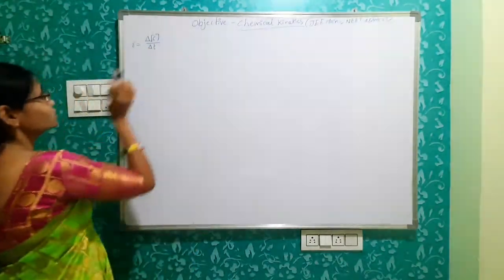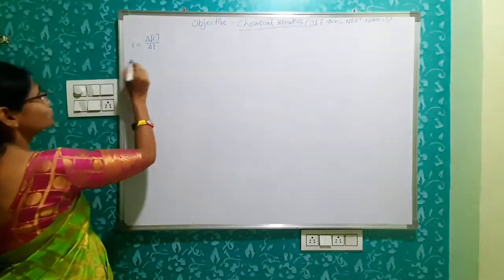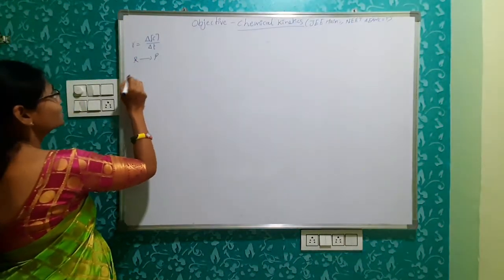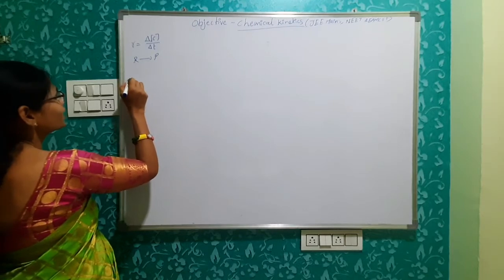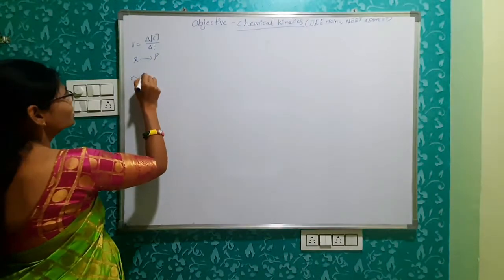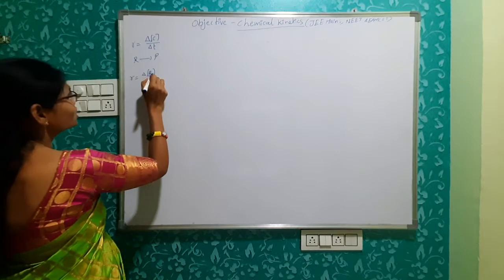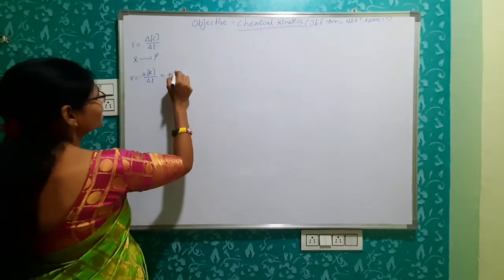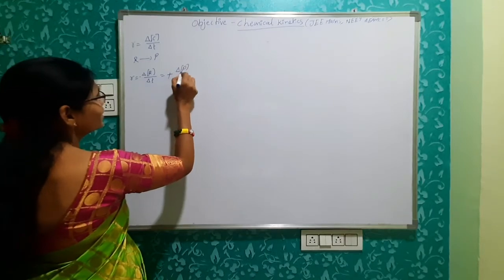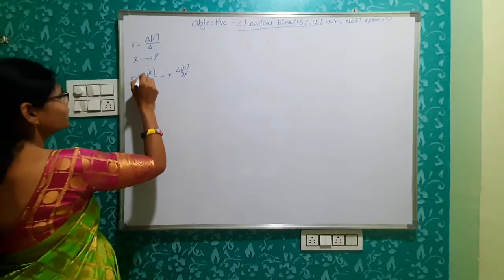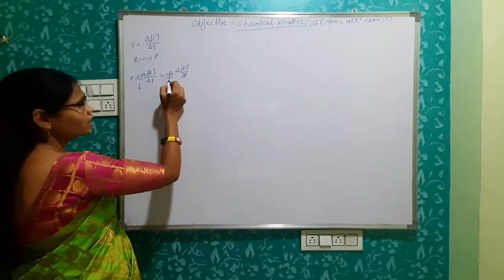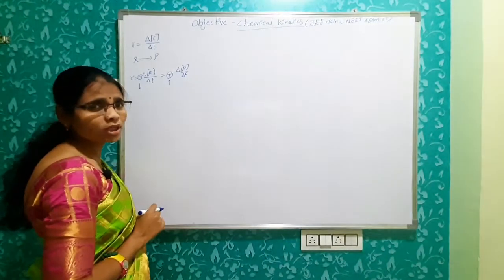Suppose, for example, a reactant gives products. Then how to write the rate or speed of the reaction? R is equal to minus delta concentration of reactants by delta T, which is equal to plus delta P by delta T. The negative sign indicates the decrease in the concentration of reactant, and the positive sign indicates the increase in the concentration of products.